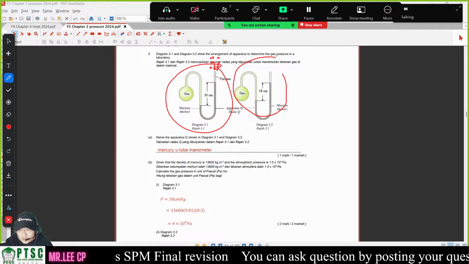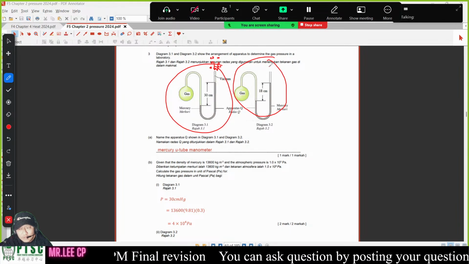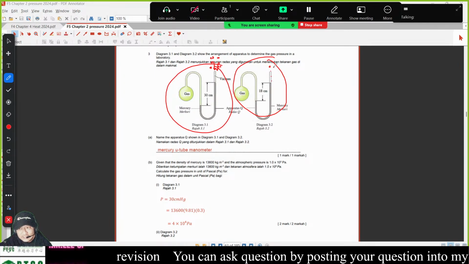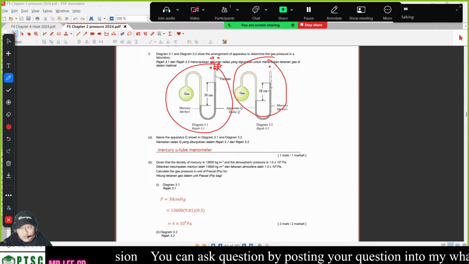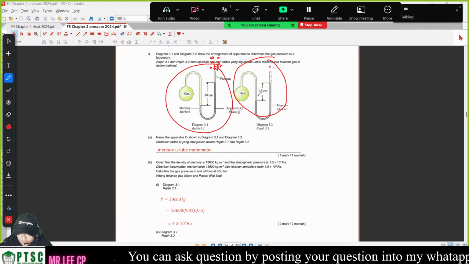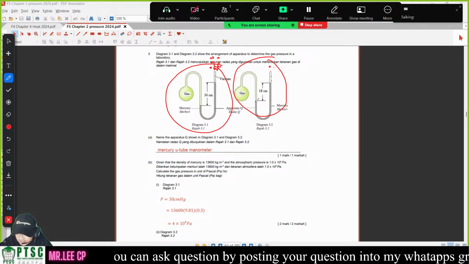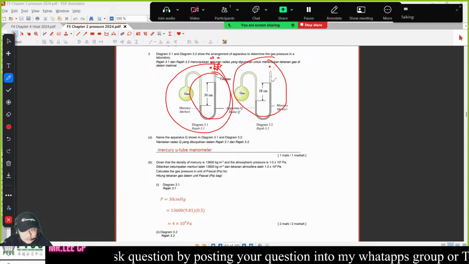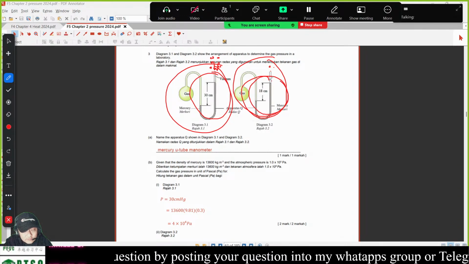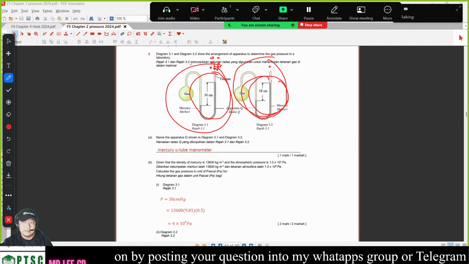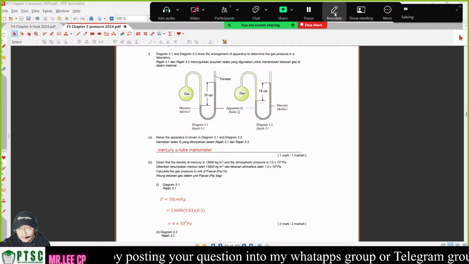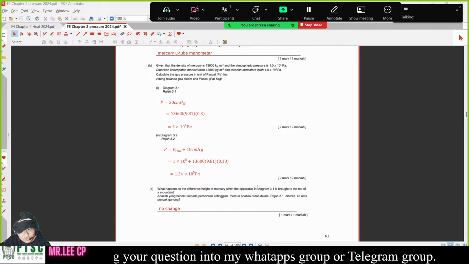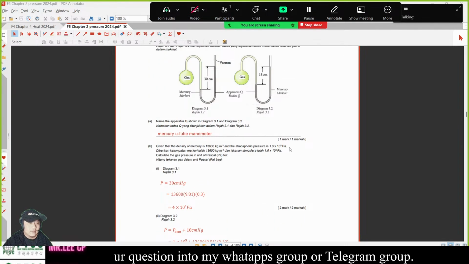But 3.2, when you bring it up to the top of the mountain, the number of particles is lesser, so the pressure decreases. So the gas pressure is stronger and it will go up higher. 3.2 will go up higher. But they ask 3.1, and 3.1 has no change.